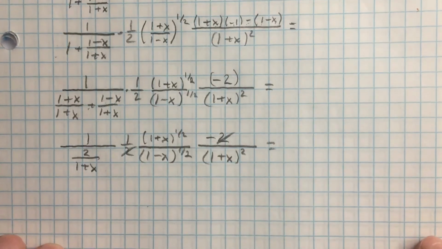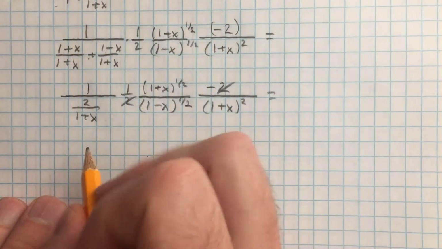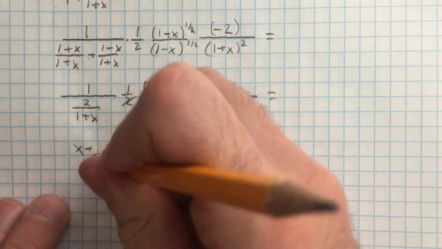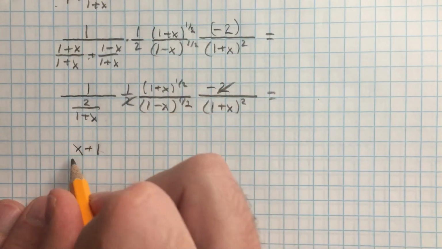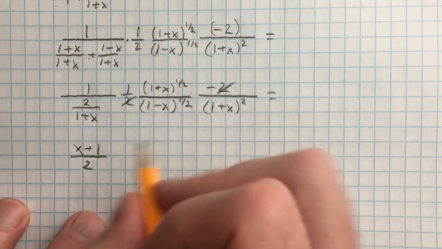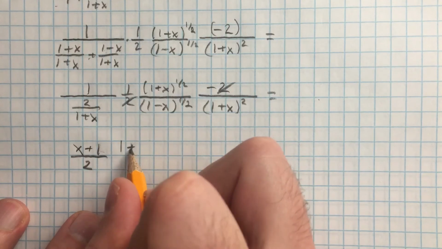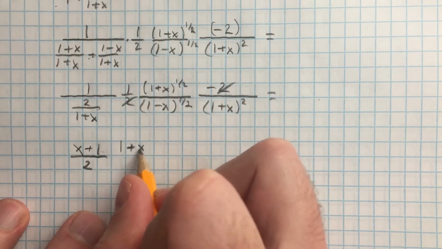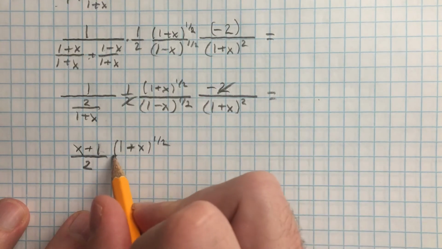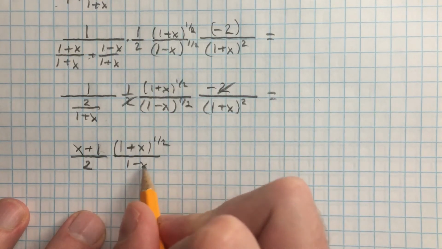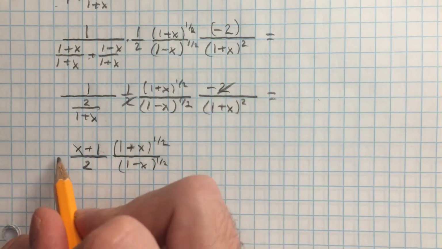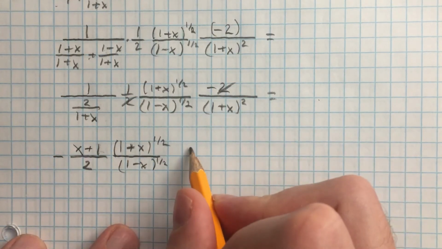So now we have 1 over 2, right, taking the reciprocal as it says here, and a lot of 1 plus x's to combine together. 1 plus x to the 1/2, 1 minus x to the 1/2. That negative 1 I'm just going to pull out to the front here. There it is.